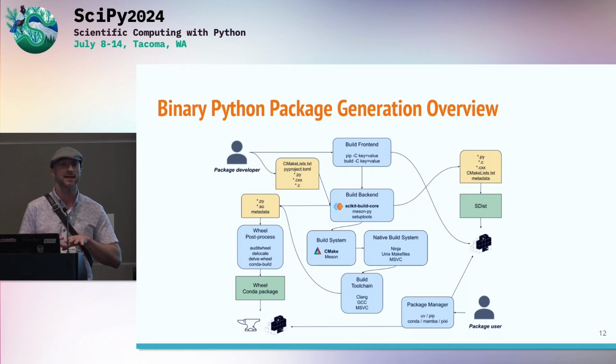The build frontend is basically, pip is one of the build frontends, or the small tool called build. And then we ask it to build or generate the wheel, and then the build backend is configured, and we describe that in the pyproject.toml, and that build backend is in charge of calling CMake, generating the Visual Studio file or Makefile or Ninja file and whatnot.